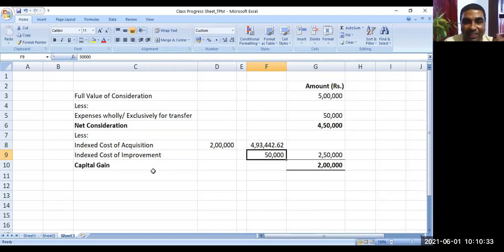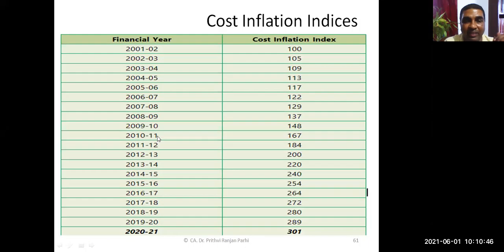And let us say the indexed cost of improvement. Let us think improvement has happened. Let us say you have done improvement in a different year, in the year 10-11. For 10-11, what is the index number? Can you read it? 167. So the improvement cost divided by 167 multiplied with 301. So it will be indexed.